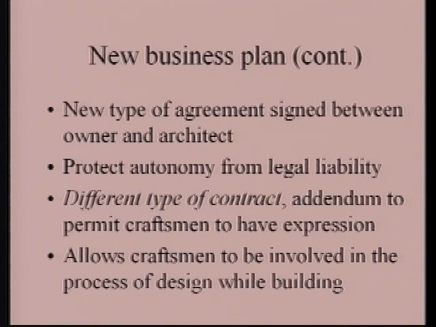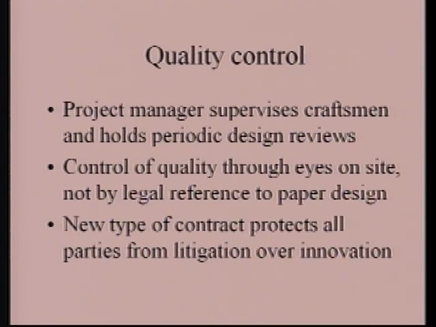And this seemingly insurmountable problem is solved. The addendum to the contract will permit craftsmen to have expression and to be involved in the process of design while building. Incidentally, the new type of contract has been developed by Christopher Alexander, and those who want more details can go to his books.